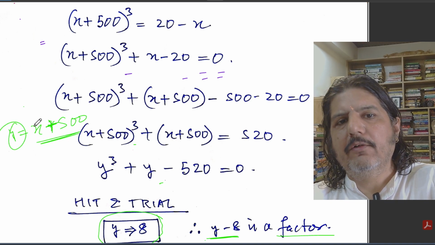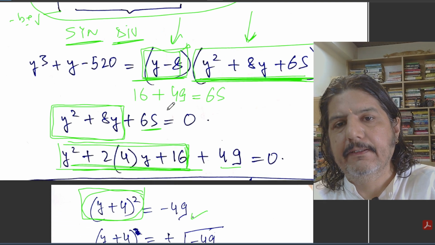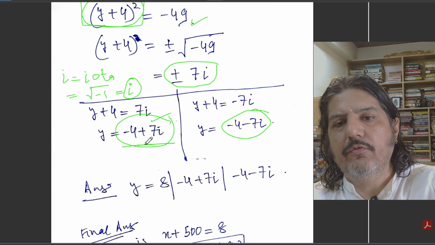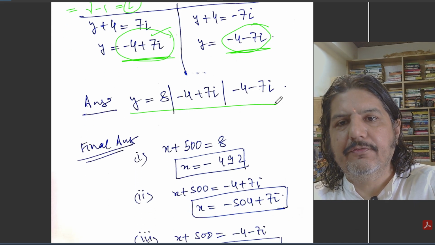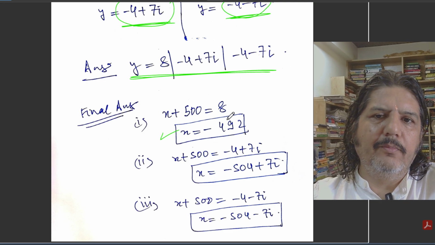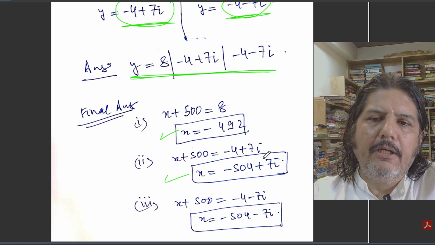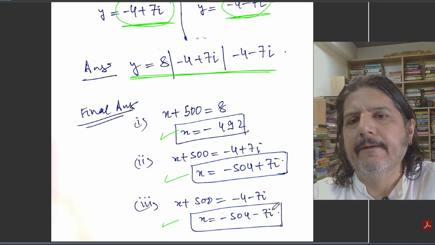Now that you have calculated the value of y, there are three values of y. One is this 8. Then we have minus 4 plus 7 iota and minus 4 minus 7 iota. And using these three values of y, our answer is x is equal to minus 492, x is equal to minus 504 plus 7 iota, and x is equal to minus 504 minus 7 iota.